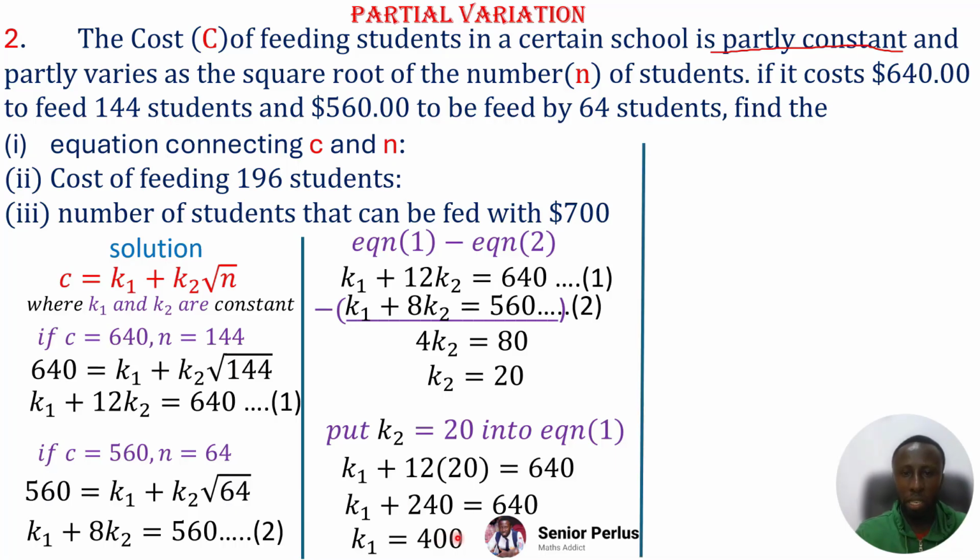Now that I know k1 and k2, I can find the equation connecting C and N. k1 is 400 and k2 is 20, so C equals 400 plus 20 root N, in terms of C and N. The cost of feeding.